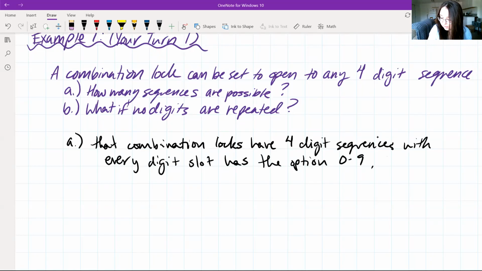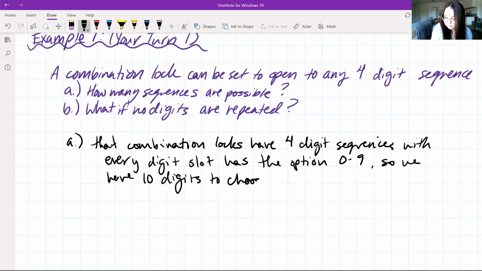So we have 4 slots, with 10 digits to choose from for each slot. We don't care about repetition.